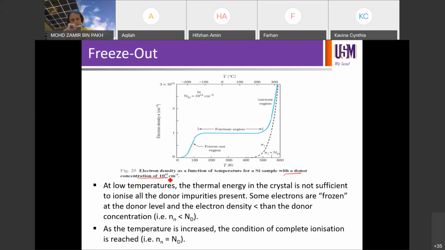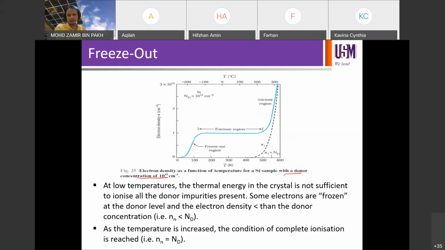So now is the silicon p-type or n-type? Your starting material, your donor level is 10 to the 15 per centimeter cube. Anyone? P-type or n-type? What is donor? N-type, right?